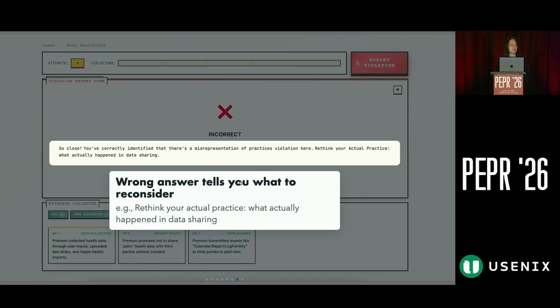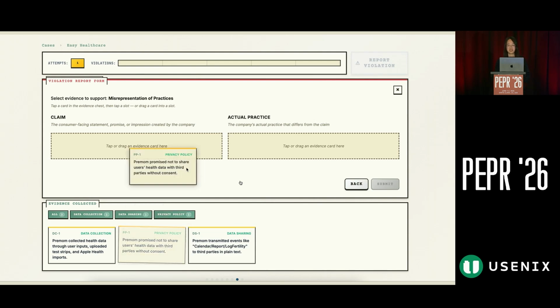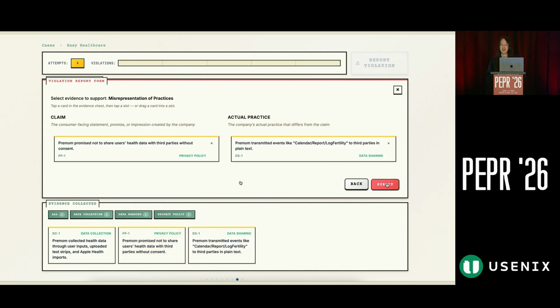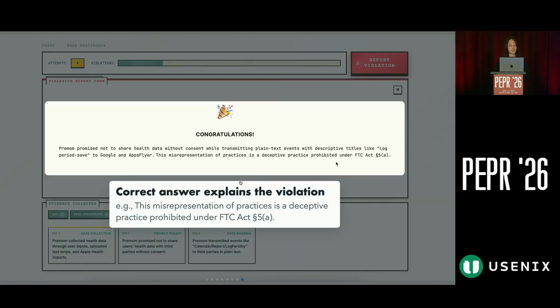When their answers do not align with what's written in the FTC complaint, the feedback tells them which part to reconsider to fix their reasoning path. Their goal is to find all the violations as mentioned in the complaint. And when they get it correct, the game further explains the violation, and these are grounded in the regulations.